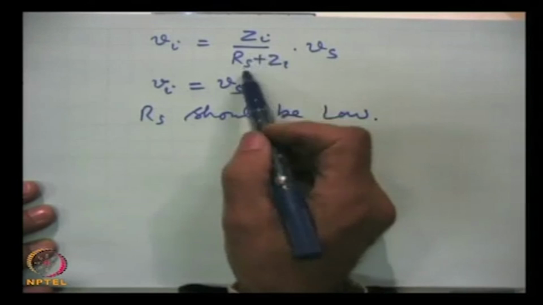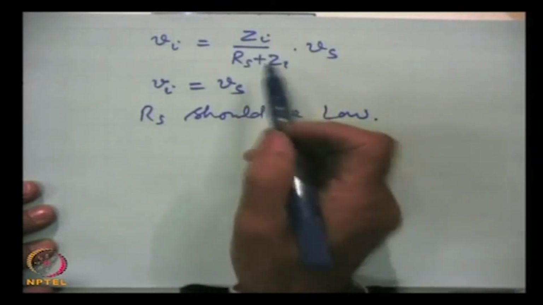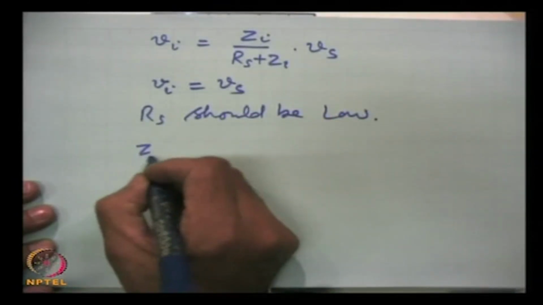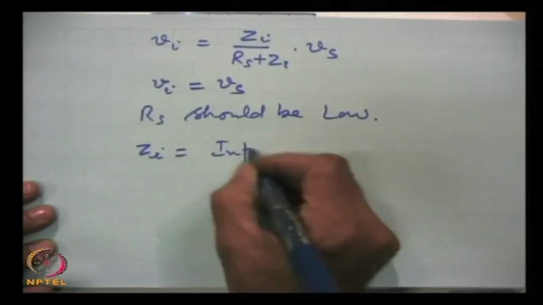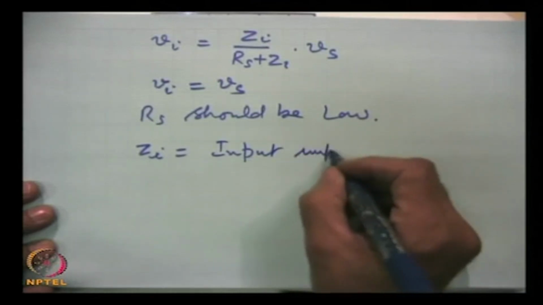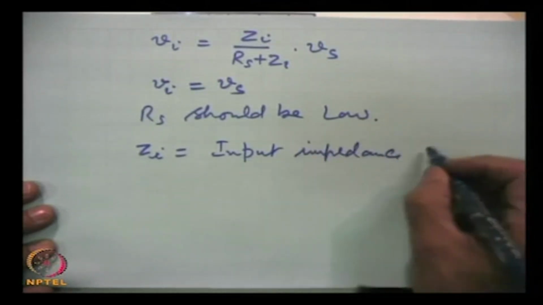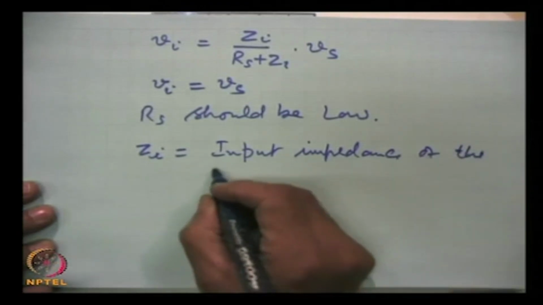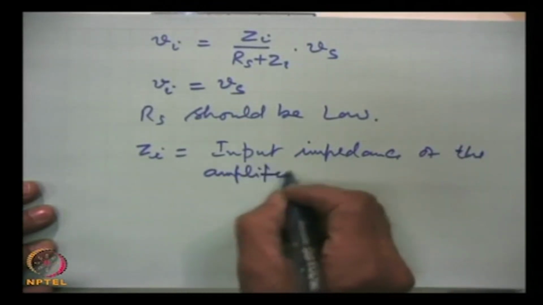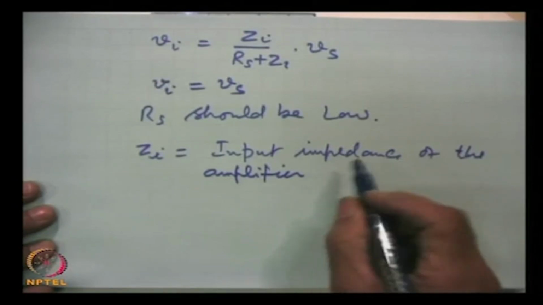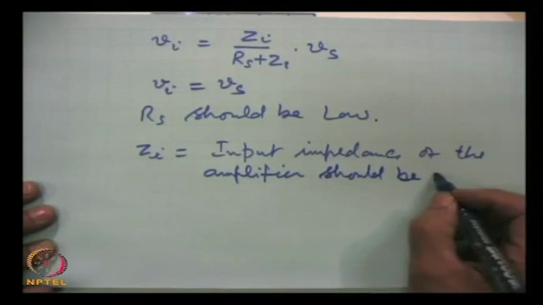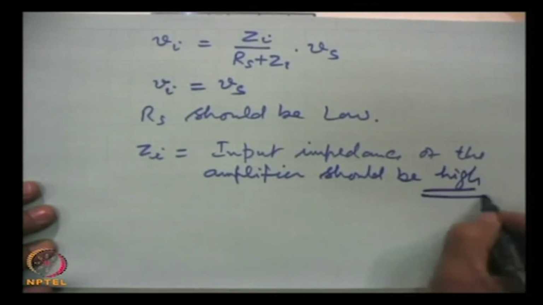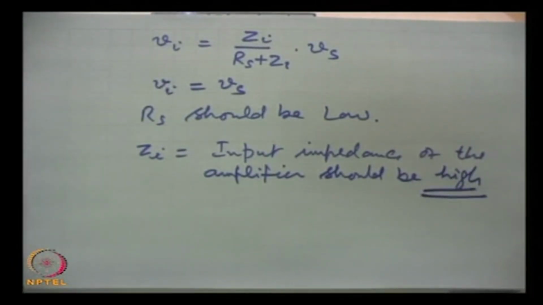And this condition can also be satisfied if Zi, that is, the input impedance of the amplifier, is as high as possible. So, remember, a voltage amplifier should have a high input impedance.